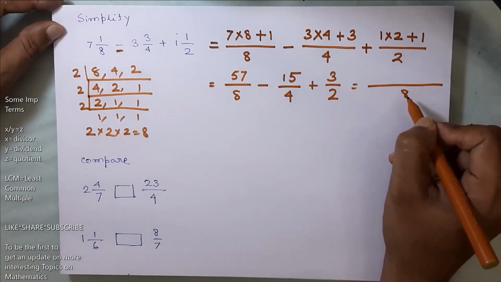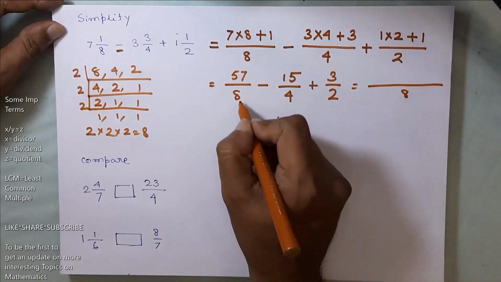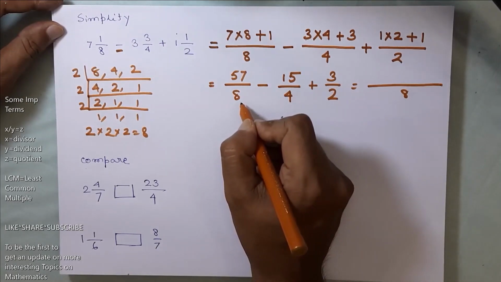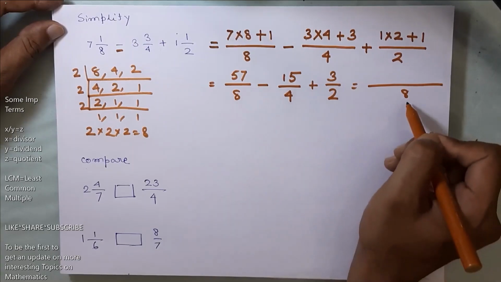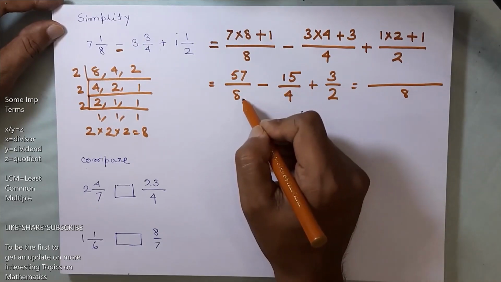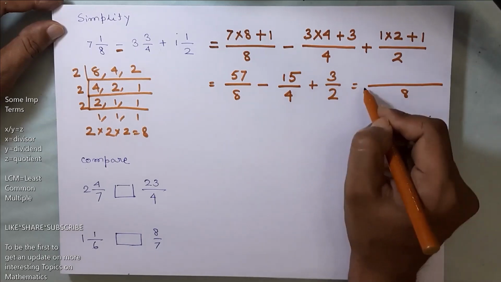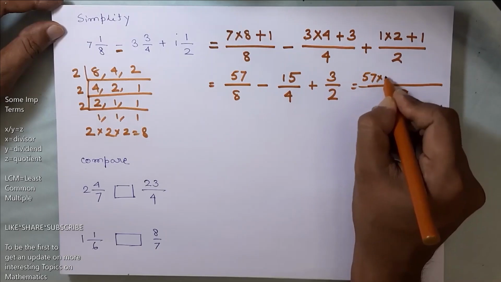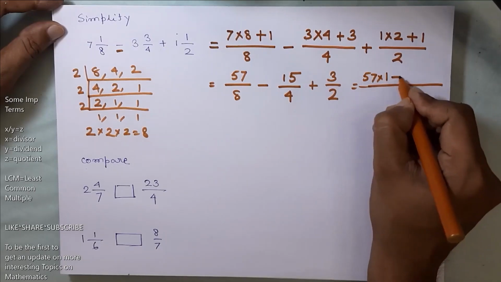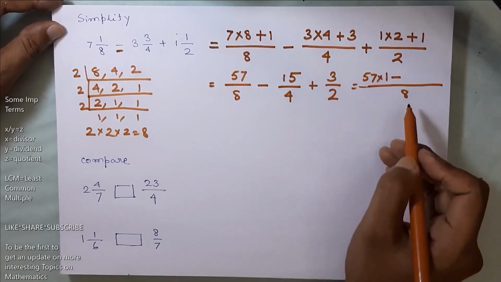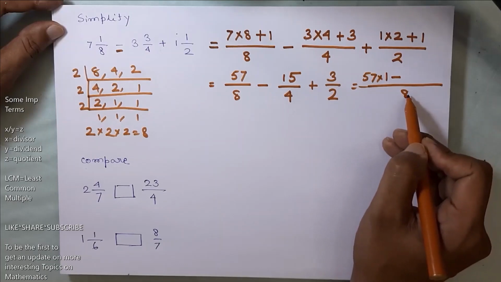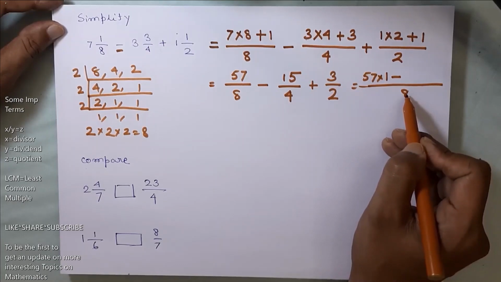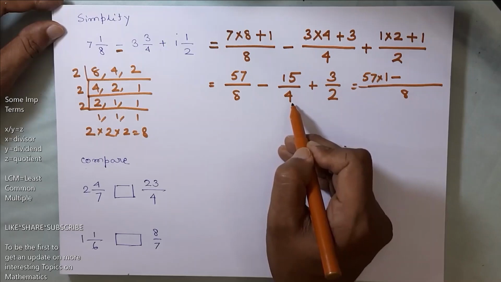Then I have to divide this LCM by each denominator, and the quotient will be multiplied by the numerator. So if I divide 8 by 8, I get the quotient as 1, and the quotient will be multiplied by the numerator, which is 57. So 57 into 1. Then the sign remains the same. Then again I will divide the LCM by the denominator, which is 4.